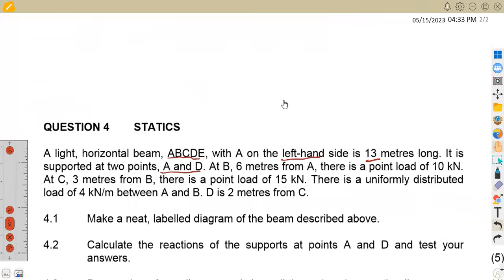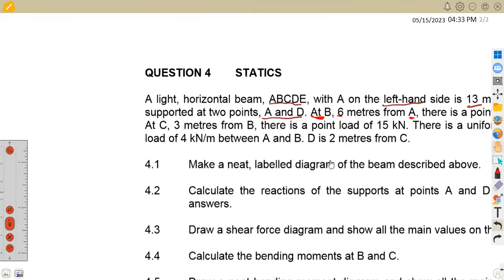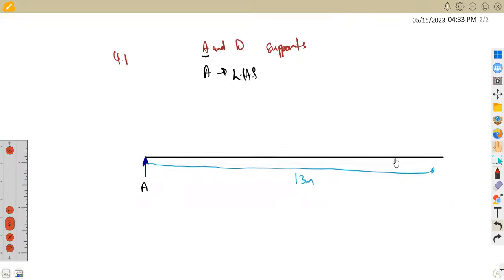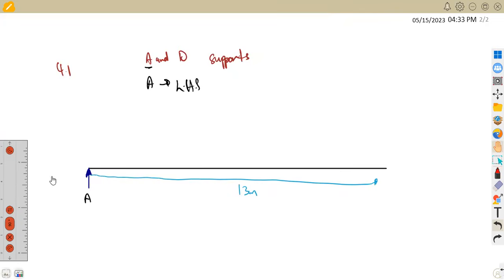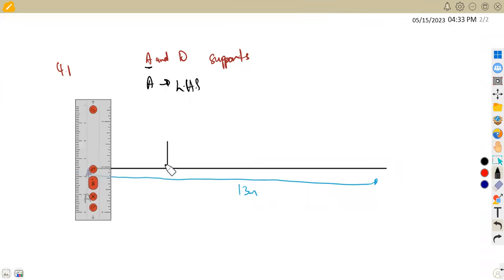Now we are given that at B, 6 meters from A, take note, it's 6 meters from A, there is a point load of 10 kilonewton. Meaning after A here, 6 meters to this side, we are going to have another point referred to as B, which is a point load.